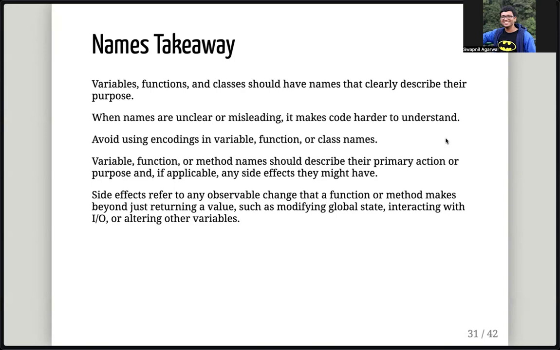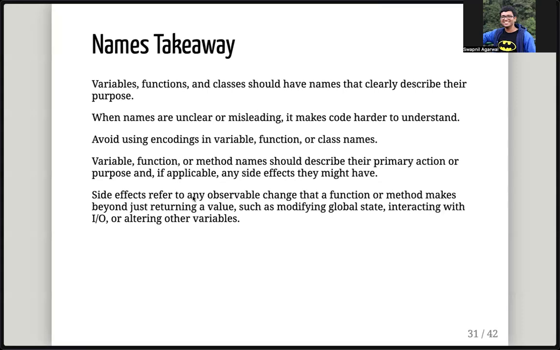If not today, then 3 months down the line. Avoid encoding, which is coupling, in your names. Try to abstract the implementation out of the name so that you can change things later. And like we mentioned, the last one, try to describe the side effects if applicable.